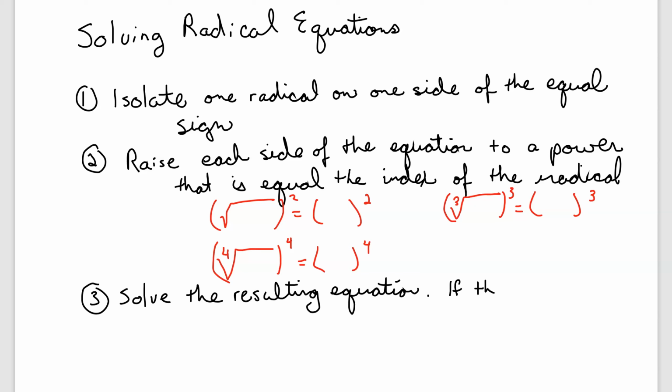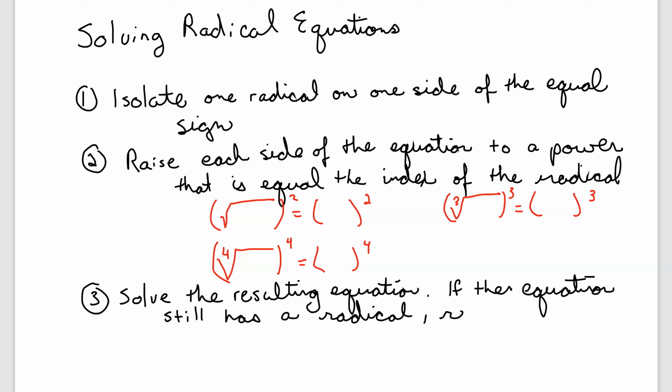If the equation still has a radical, we must repeat steps 1 and 2. So in other words, if we started out with a radical on both sides of our equal sign, we may have to repeat steps 1 and 2.